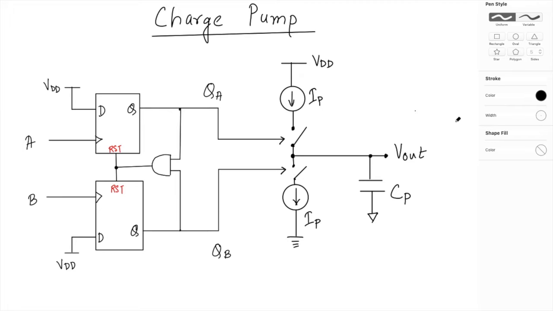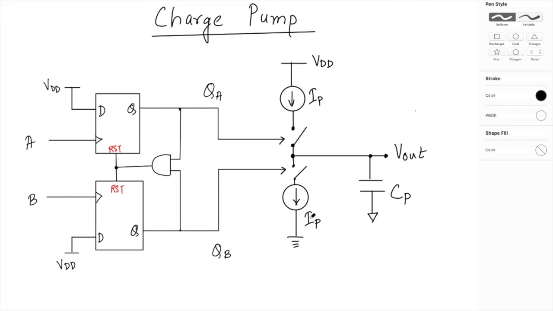Similarly, if my QB is high, this switch is going to be turned on, and the capacitor voltage is going to drain out and the voltage will reduce. We'll apply this voltage to the VCO. So let's see the waveforms, and how it does the integration.